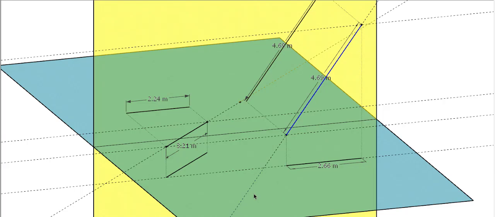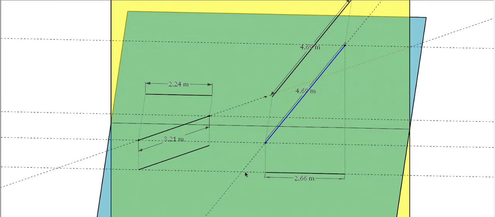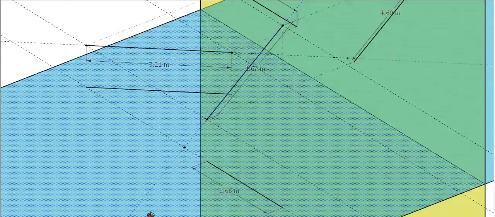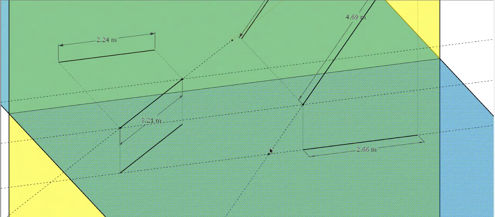When I extended it, it intersected the horizontal plane, so I'm going to mark the point of intersection. So we have that here. This line, which is inclined to the horizontal plane, if extended, will meet the horizontal plane at this particular point, and that is known as the horizontal trace.